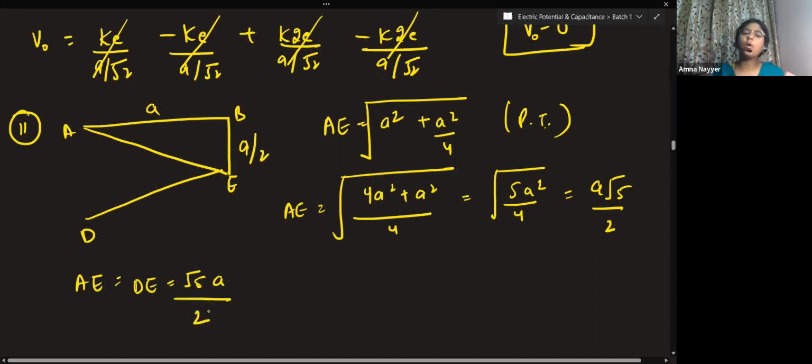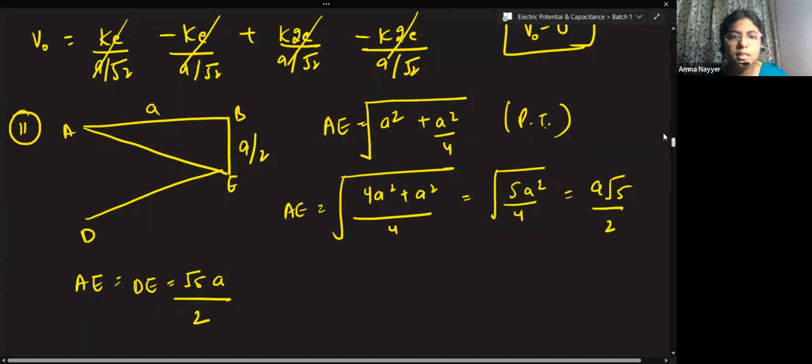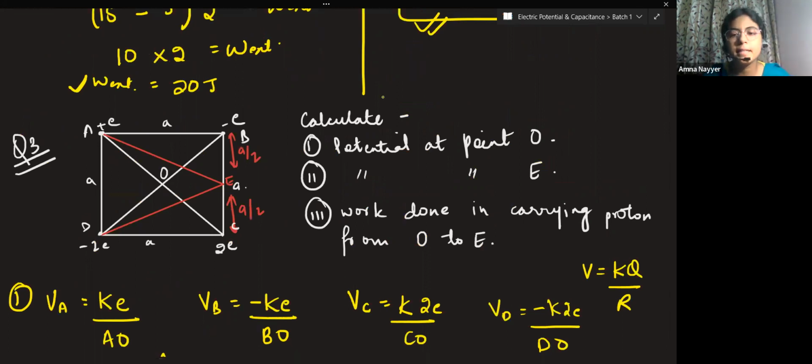Now see, if you have all the separations of the charges from the particular point, you can easily get the potential. See, this is the figure that you have. Now see, potential at E due to this A. All of you write me in the chat box, what will be the potential at E point because of A point?